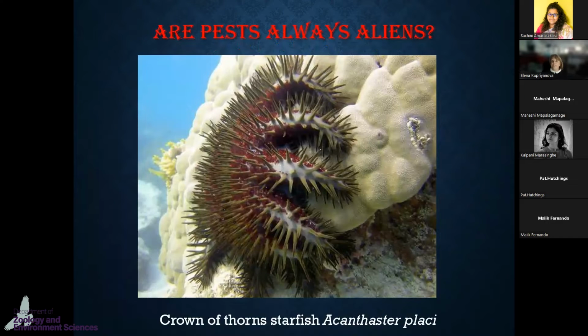Are pests always aliens? Absolutely not. One doesn't have to be an alien to be a pest. For example, meet this crown-of-thorns starfish, Acanthaster planci. This large carnivorous starfish, native to the Indo-Pacific region, is a voracious predator of coral polyps. One female can produce up to 65 million eggs in one breeding season.